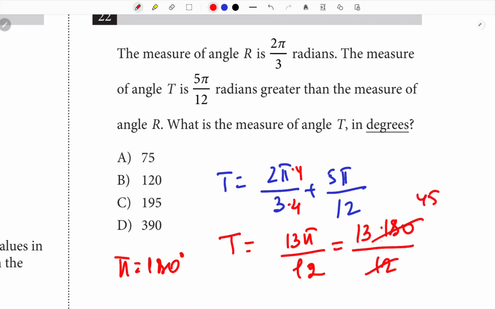It's 15 and, let's simplify. Divide by 6, 180 divided by 12 is 15. 15 times 13 is equal to this one.